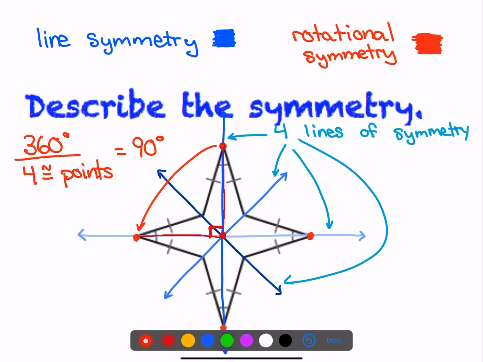So from our pre-image to our center of rotation to our image creates that 90-degree angle. And that will work for any 2 points that I choose on here as long as they are right next to each other, as long as they're adjacent points, adjacent congruent parts. So keep that in mind too.